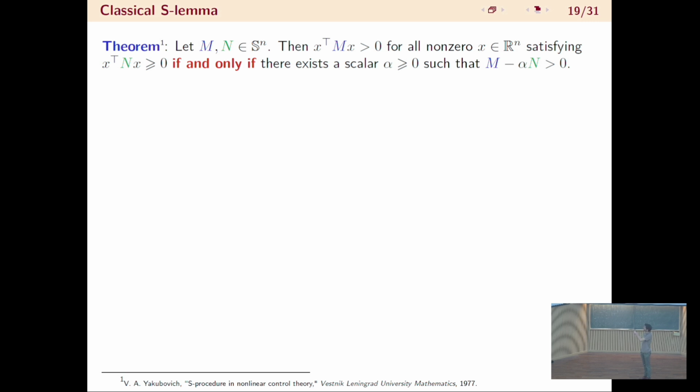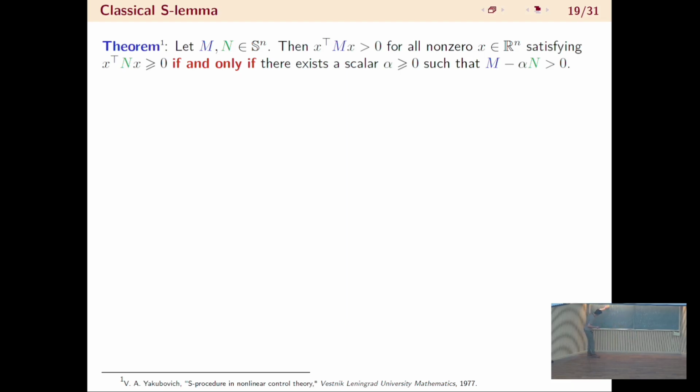Because I just need to find the scalar alpha such that M minus alpha N is positive definite. And then I know that all solutions to this inequality in green are also solutions to the inequality in blue. Cool, huh? This is probably one of my favorites in the whole of systems and control theory.